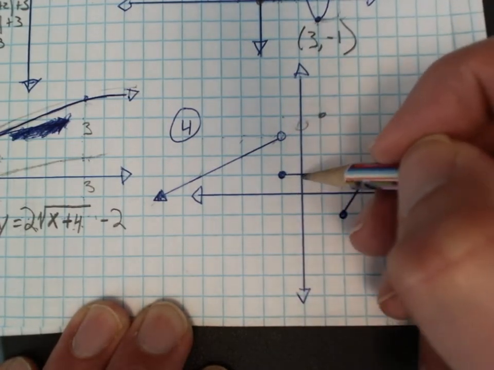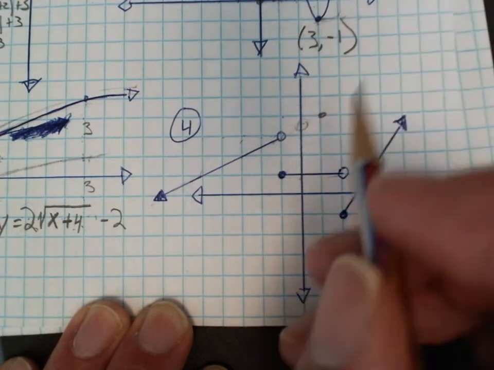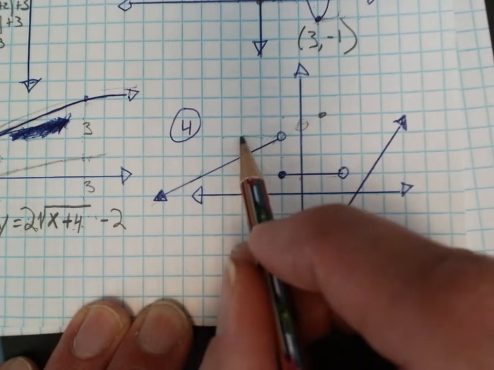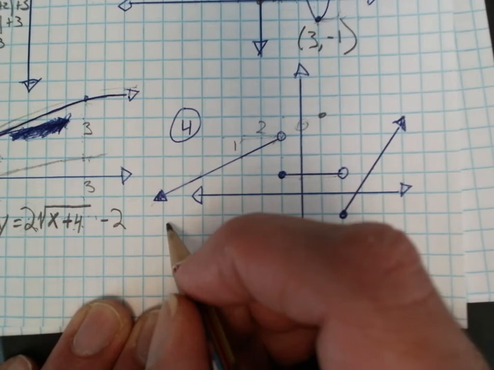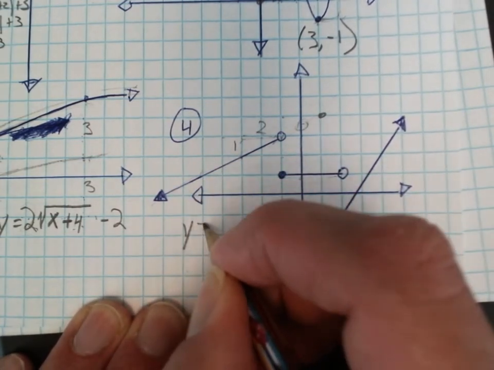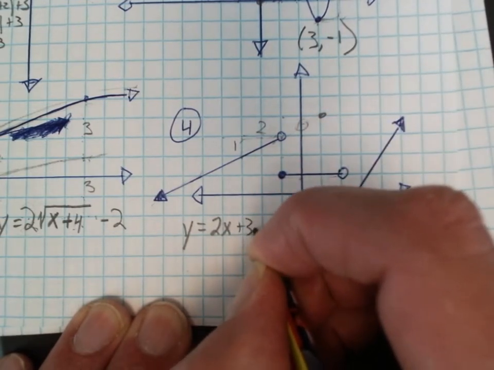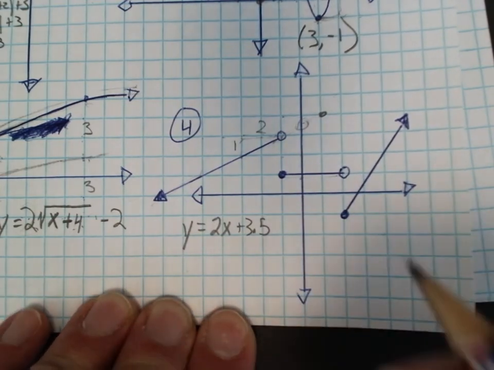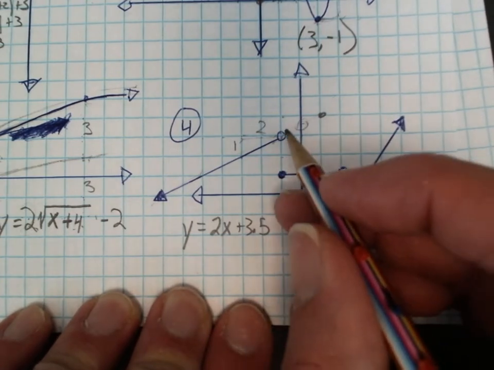All right, so what's that going to be? 1, 2, 3.5. 1, 2, 3.5. And my slope is a positive 1, up 1 over 2. So my slope is 2, right? So when I'm thinking about this line, it's going to be y equals my slope of 2x, my y-intercept is plus 3.5, but now I need to do my range, and that's going to be x.